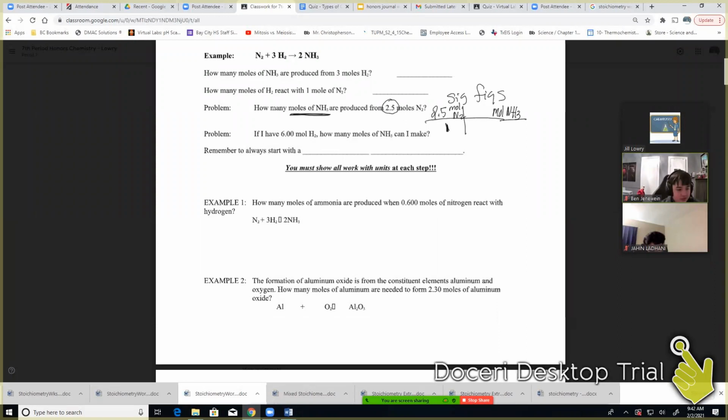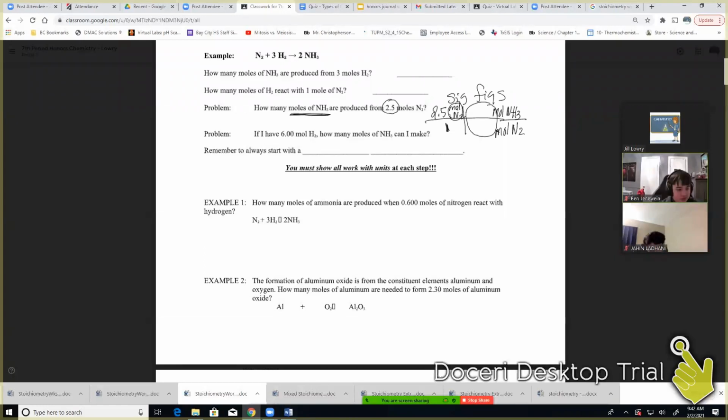So at this point, if you remembered when we did this, we follow our units. Whatever my units are here, those units have to be down here. So if I have moles of nitrogen there, then I have to have moles of nitrogen here. And this is when you use your mole to mole ratio, simply by reading your coefficients.